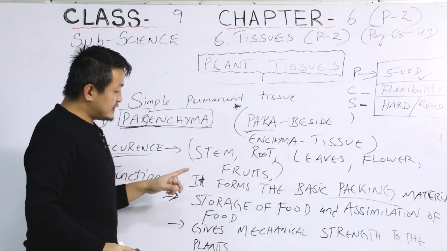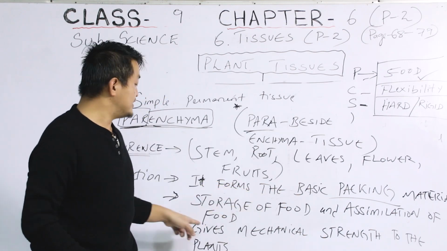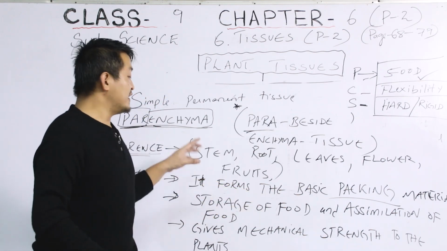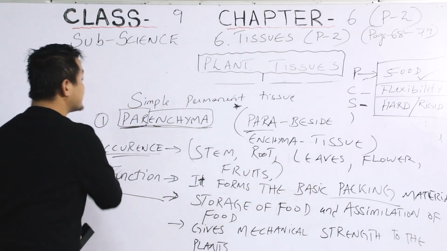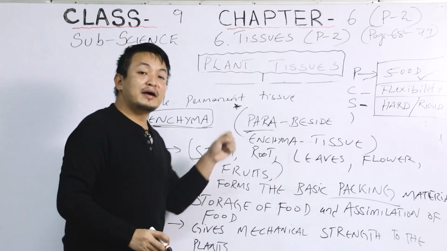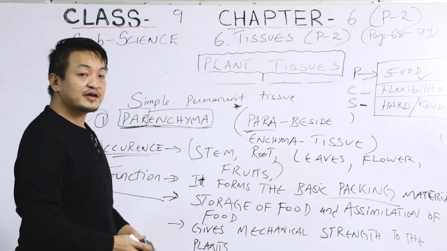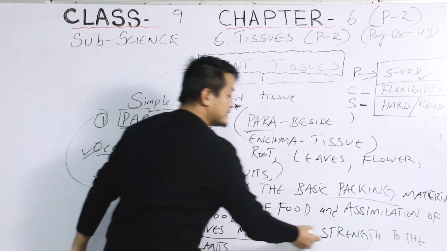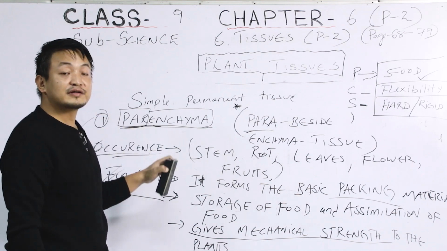The second one, it acts as storage of food and assimilation of food. And the last function is that it gives mechanical strength to the plants. Plants need strength, right? So this is all about parenchyma.